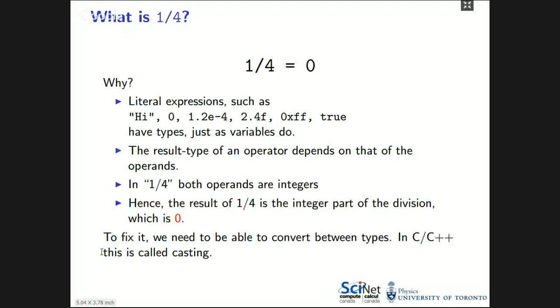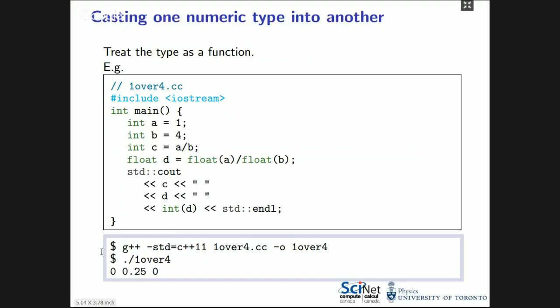Now, typically that's not what we want, so we need a way to make those integers into doubles. Well, we could do that by adding a decimal point. We can also do it by explicitly converting them from integers to floating points. So here's one way you would do that. So float is a type, but you can also treat it as a function, and then it converts whatever you give to it into a float, if that's at all possible.